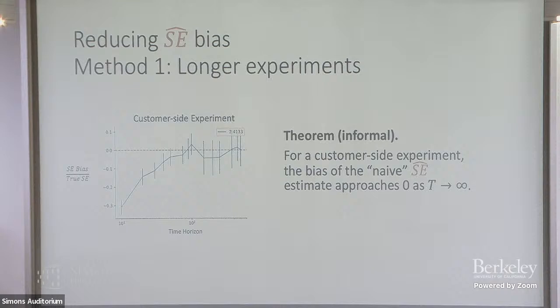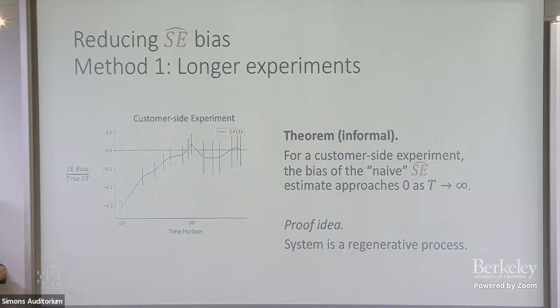So there's probably some limit on the number of customers who are actually affecting you. And as you increase the length of the time horizon of the experiment, for any individual customer, you're going to be influenced by a smaller proportion of the customers.